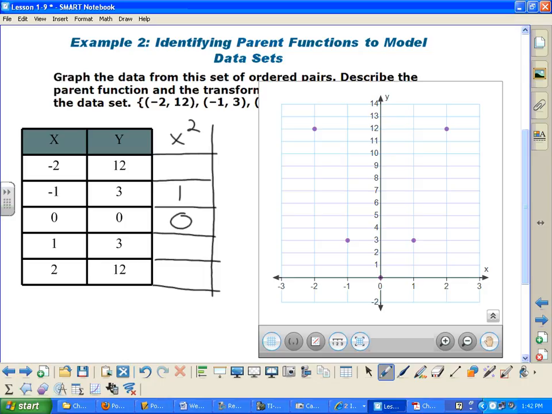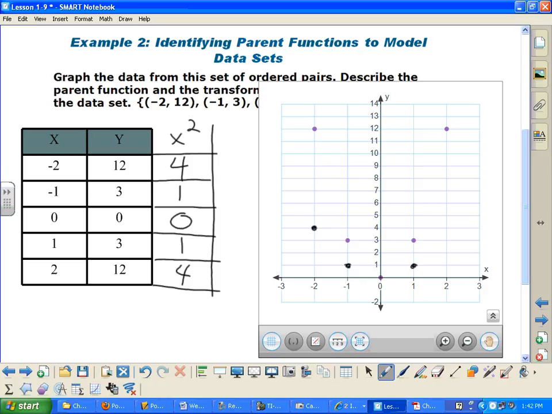Okay, so I have the point negative 1, 1. And if I square negative 2, I get 4. Okay, so that's negative 2 and 4. And if I square 1, I get 1. And if I square 2, we get 4.